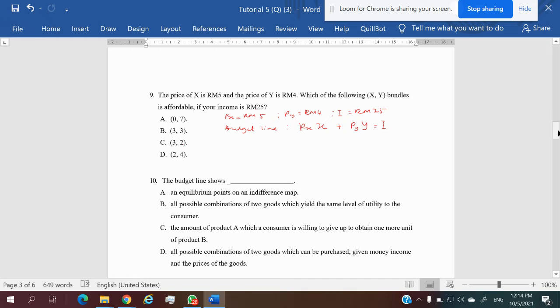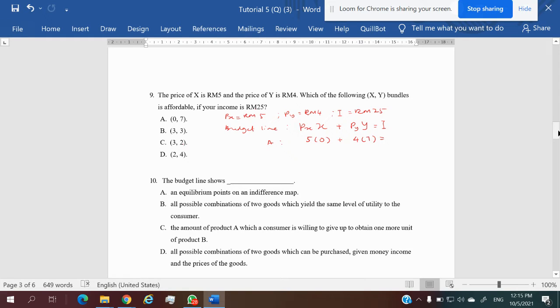For A, we consume 0 of product X, where the price is 5: 5 times 0, plus 7 of product Y, where the price of product Y is 4: 4 times 7.